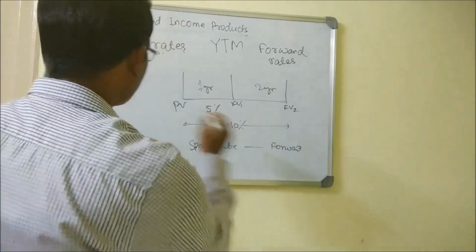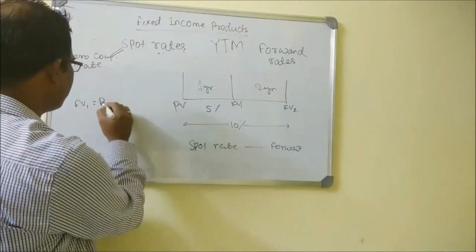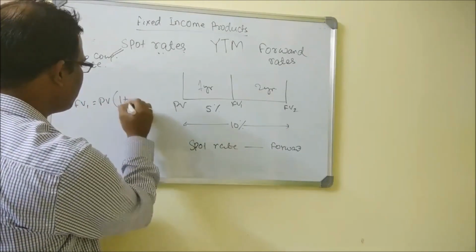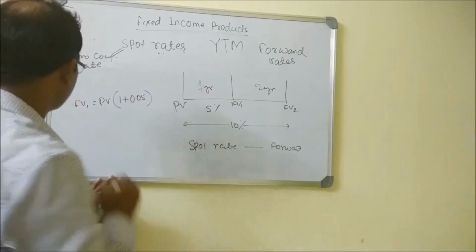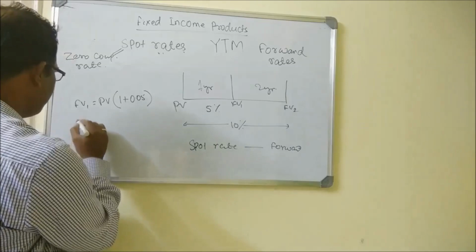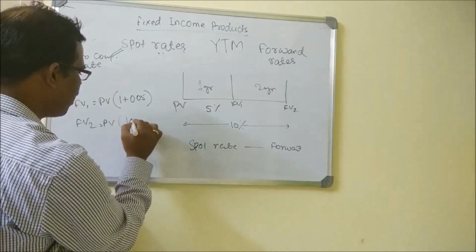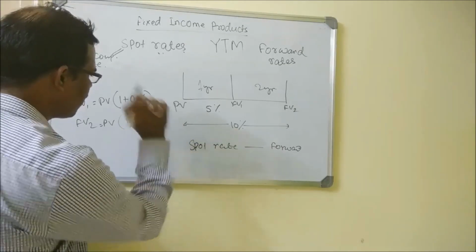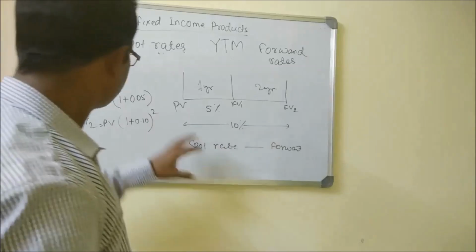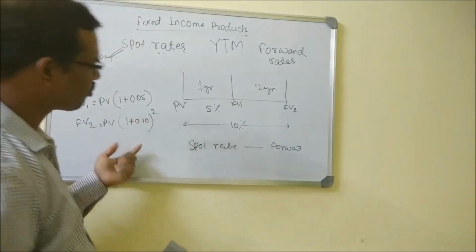Now my FP1 will be PV into 1 plus 0.05, and FP2 will be PV into 1.10 square. So this is as per the time value of money theory.